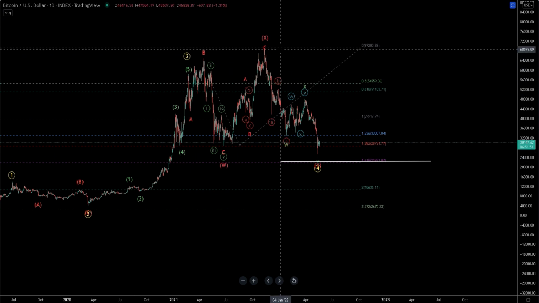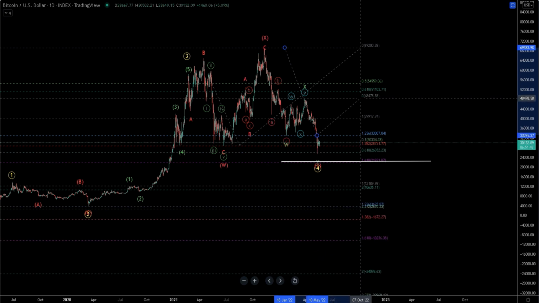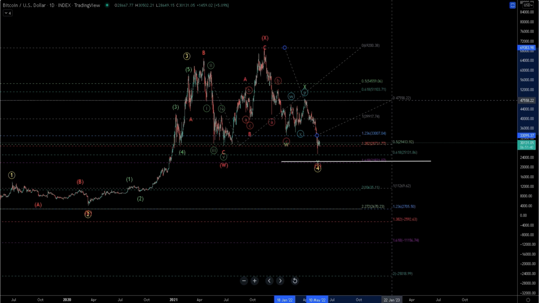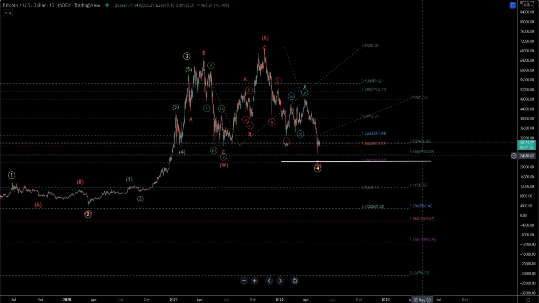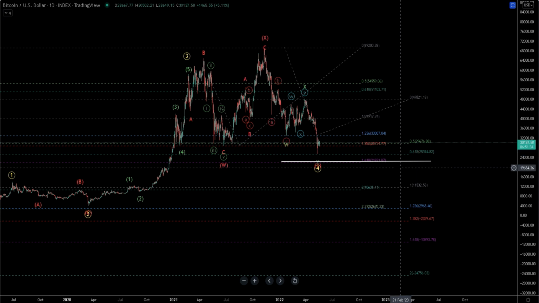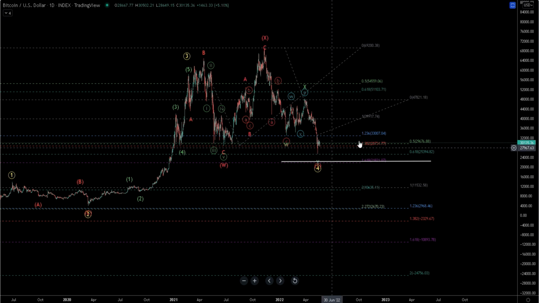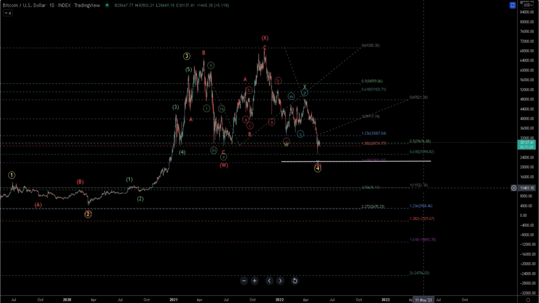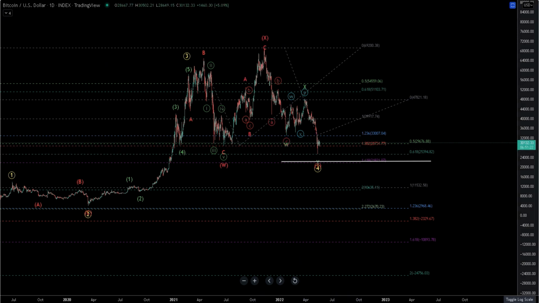Okay, now we want to pull up this ending, so this W to this X. Okay, and we get the 618, which we've bounced off of already here, and we get a 1-to-1 down here. Okay, and this is in linear. None of these things make sense. None of these price targets.